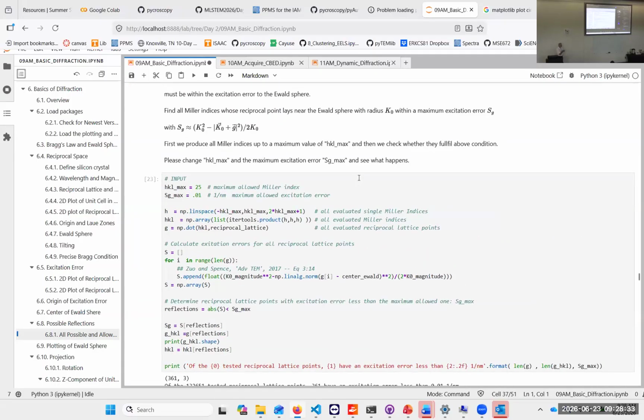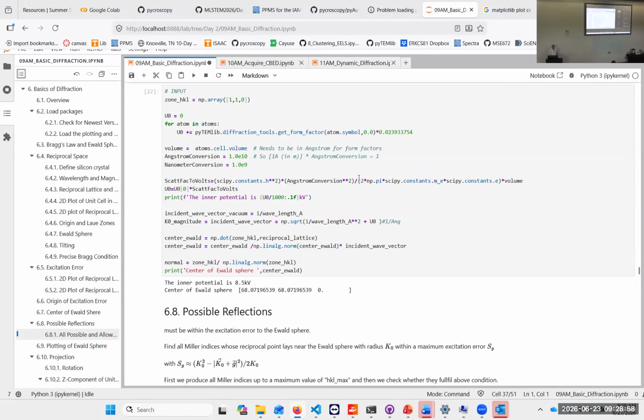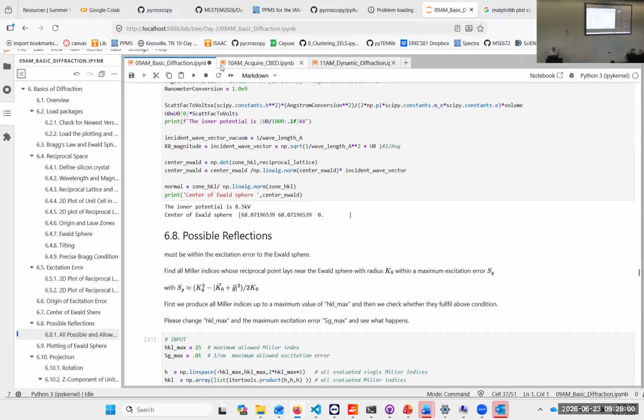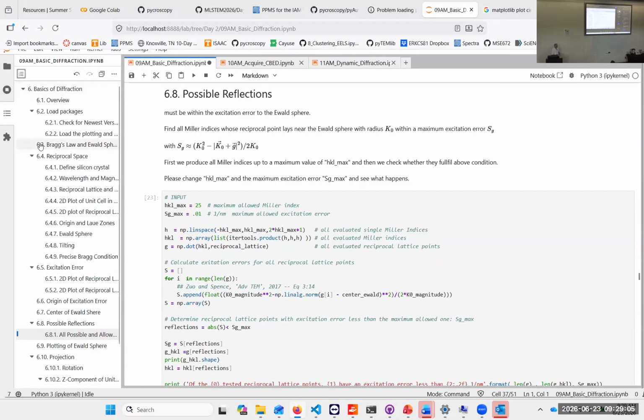So what we do is we just make all different diffraction spots, so all the reciprocal lattice points. We have an Ewald sphere, and we can check just how many of the reflections are close to the Ewald sphere. So that's all we do. So we have a mesh, we have a sphere, and we check how close they are. We have a center. We have an excitation error.